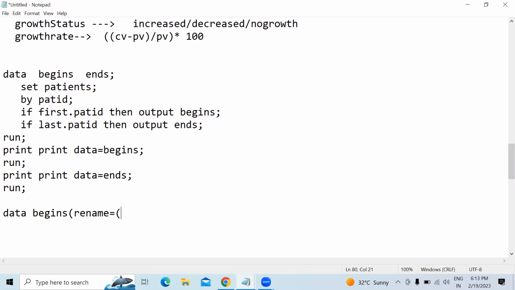I don't want the visit number, since in begins only the first visit is available. Rename, let's say, the BP column, because I want to compare BP only. I'm renaming BP equal to IBP, IBP for initial BP. B for begin, E for ending; just assume it like this.